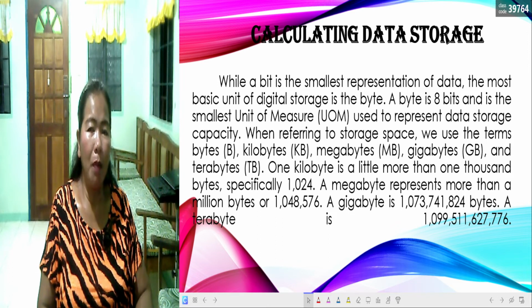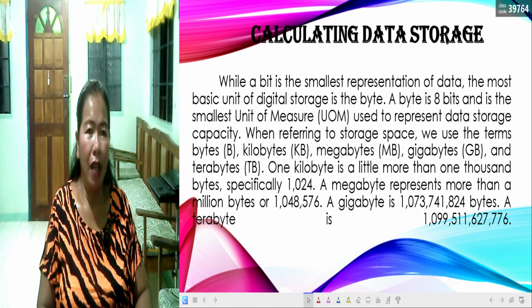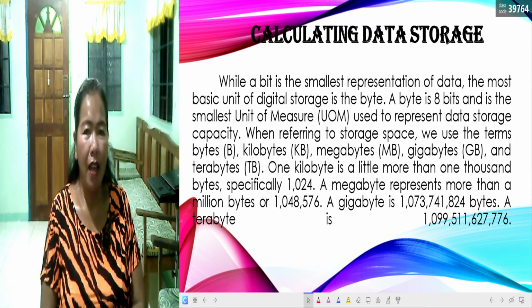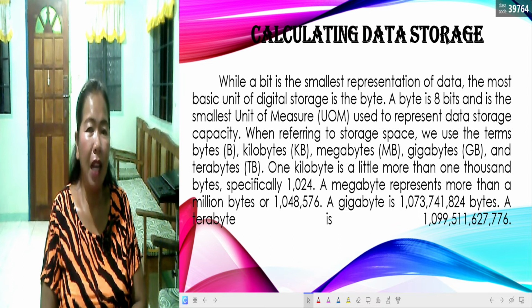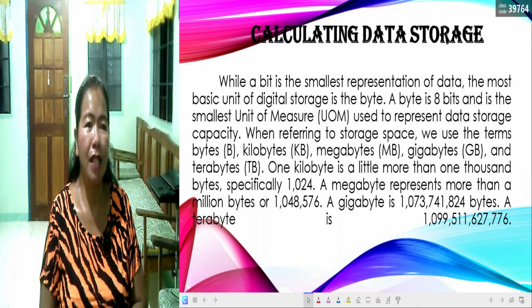When referring to storage space, we use the terms bytes, kilobytes or KB, megabytes or MB, gigabytes or GB, and terabytes or TB. So 1 kilobyte is a little more than 1,000 bytes, specifically 1,024 bytes. A megabyte represents more than a million bytes, or 1,048,576 bytes. A gigabyte, giga means billion, so 1,073,741,824 bytes.